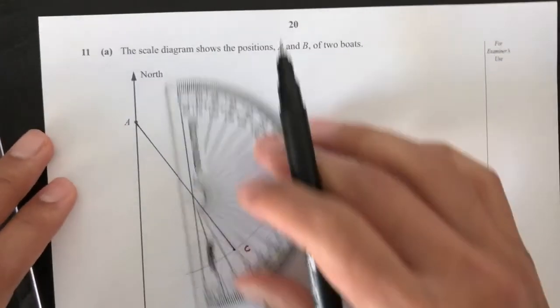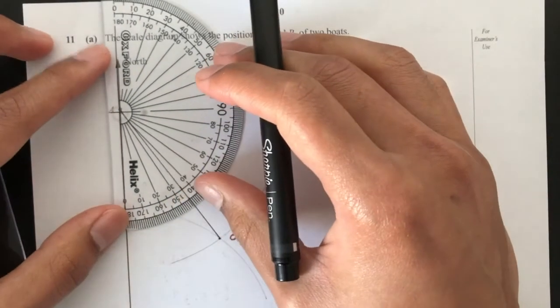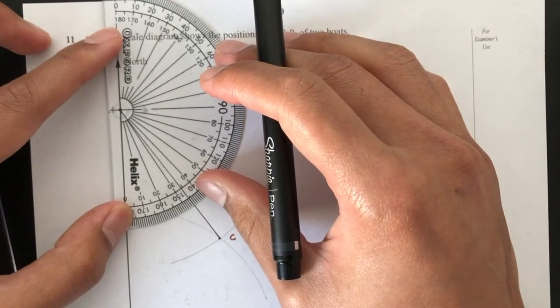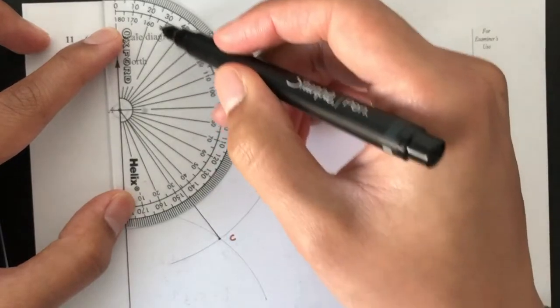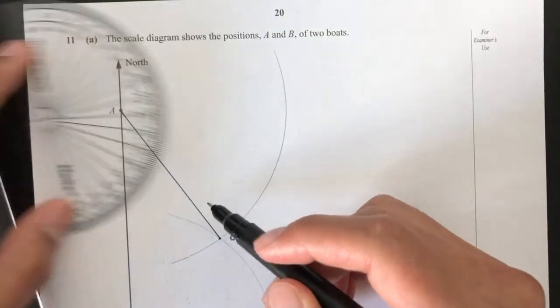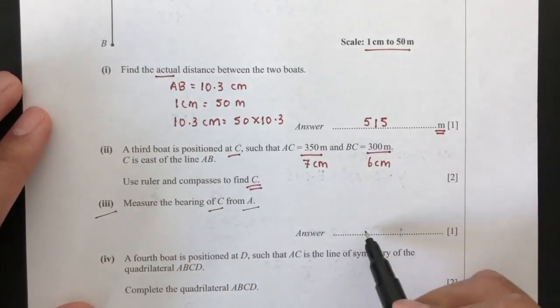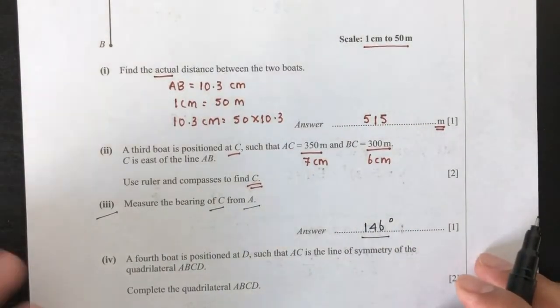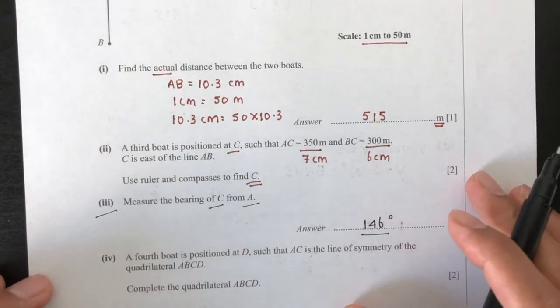So you have to measure the angle. According to my measurements, it shows to be about 146 degrees. Your answer may be a bit different, but that's okay if you measure it properly.